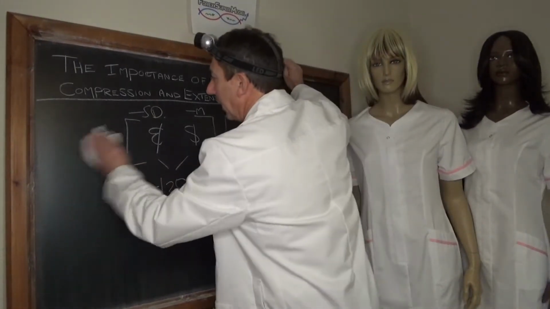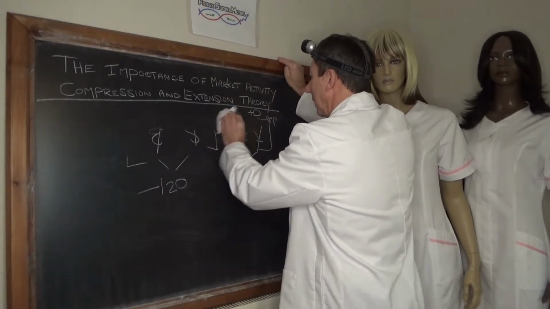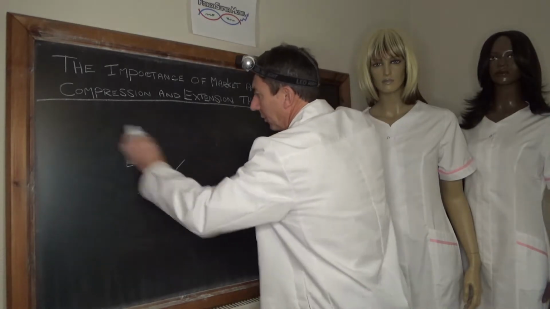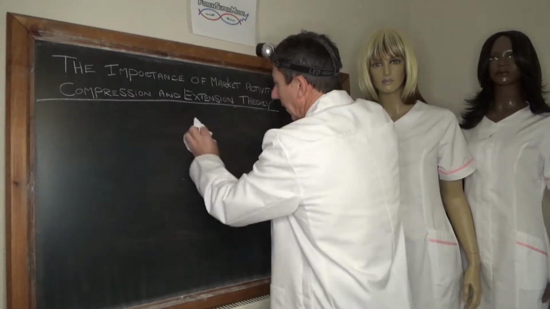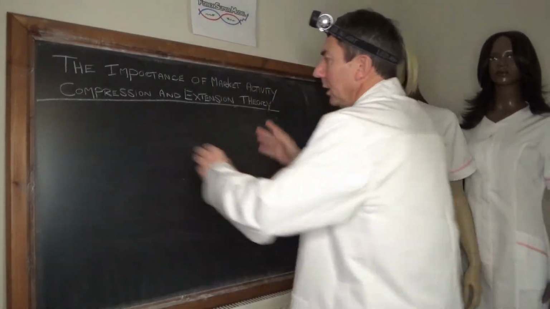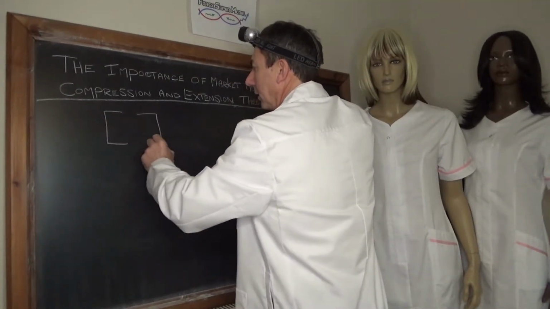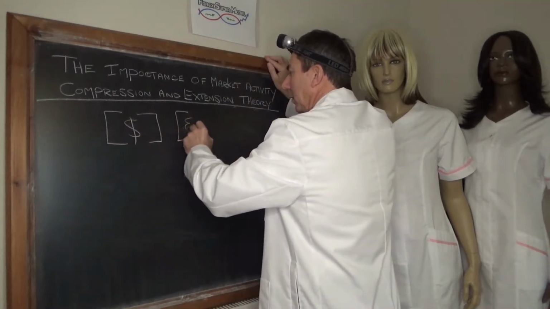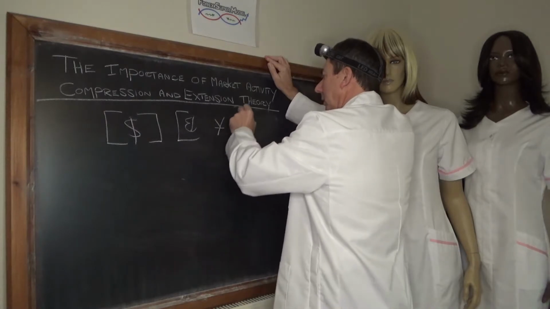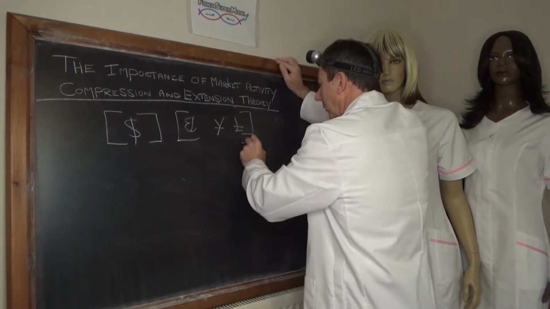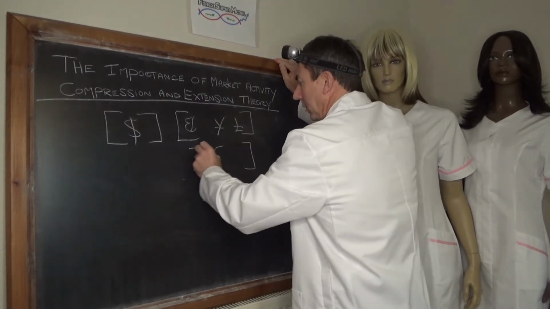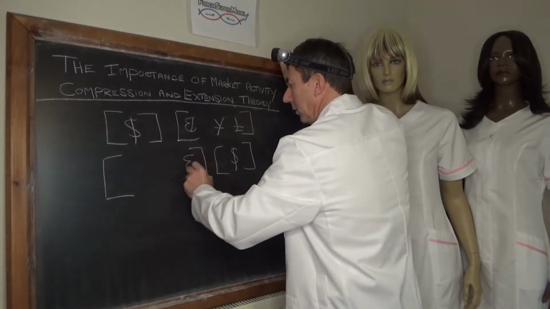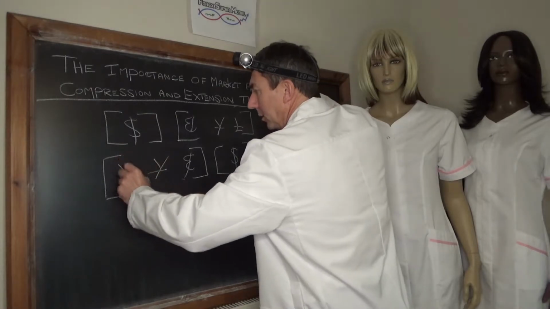So that's within a situation with an opposed driver. Obviously, if you've got an unopposed driver, the situation is either like this. So we've got, say, dollar, euro, yen, pound, or you've got this situation, dollar, euro, yen, pound as an example.